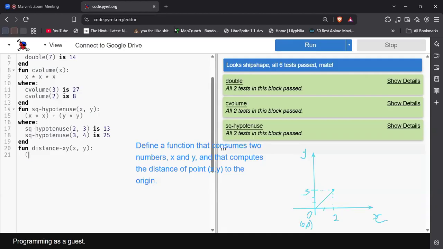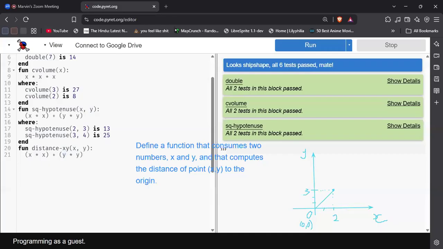But for this one, we'll have to do the square root, right?